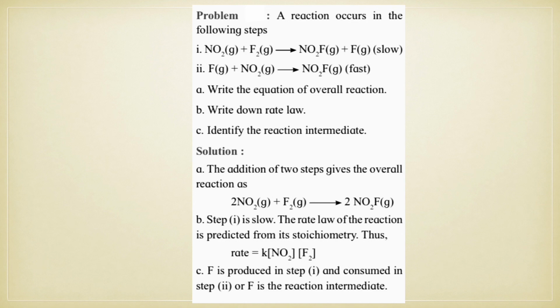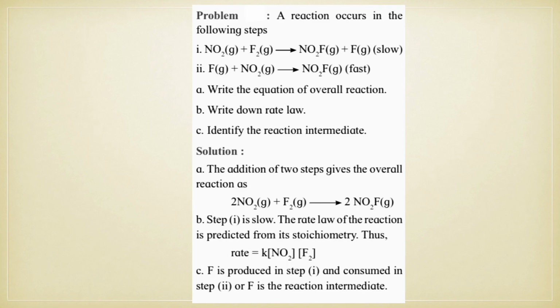Now second one, write down the rate law. Remember, rate law is an experimentally determined value, so we can only predict the rate law from the equation. We know that the rate law is determined by the slowest step. So which is the slowest step? The first one.